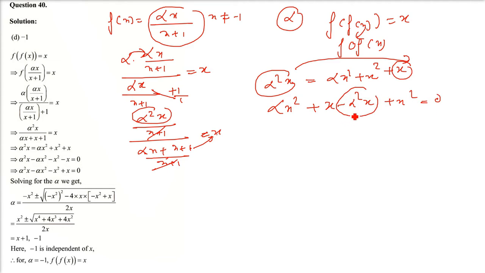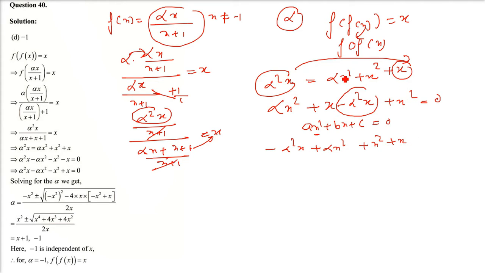Now multiply both sides with -1, because we cannot have a negative here. So ax square plus bx plus c we are going to match. A is x, x square is alpha square, because we have to find out what value of alpha. So quadratic equation will be in terms of alpha, not x square. So you have negative alpha square x plus alpha x square plus x square plus x equals 0.